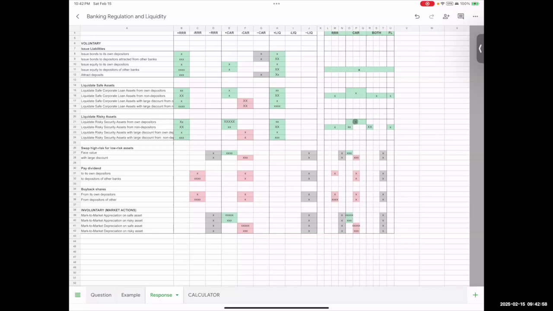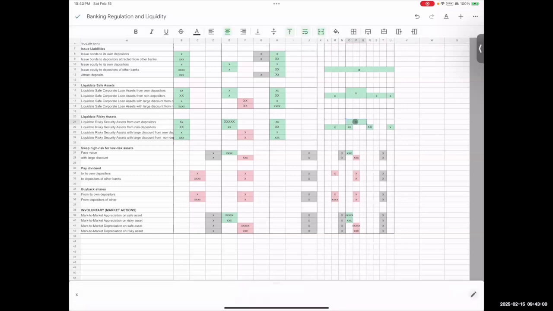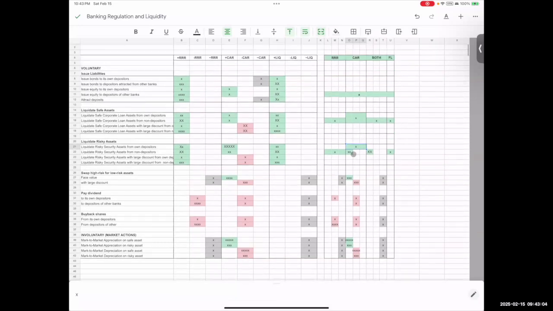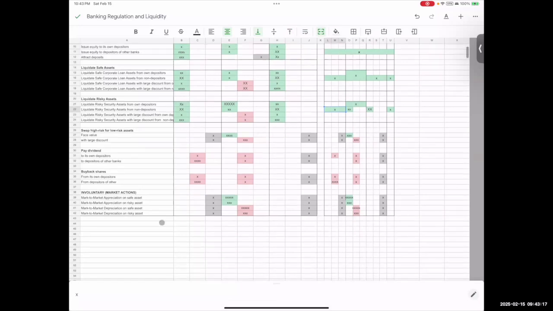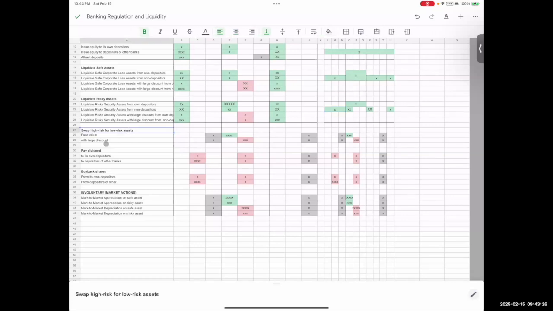It will be better for the capital adequacy ratio to liquidate risky assets with own depositors, while it will be better for the reserve ratio requirement to do it with non-depositors. Then again, we can pull out the full analysis for this. Another interesting bit, which I think Michael also mentioned, is swapping higher risk for lower risk assets.